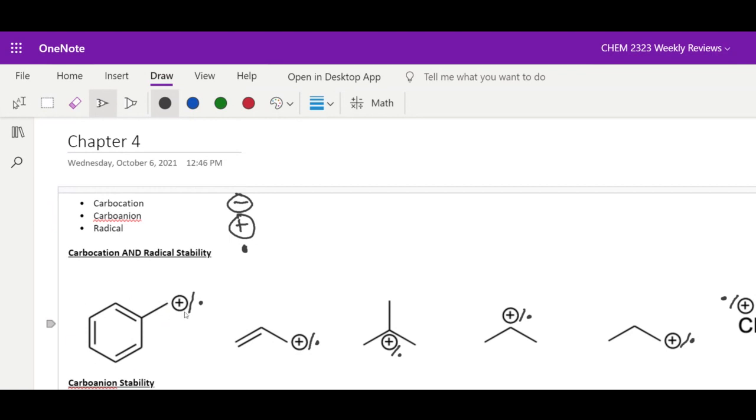But in this case, we're going to solely look at carbocation and radical. Okay, so this charge is able to resonate with 3 different double bonds, giving 3 resonance structures, right? So that it is very stable. As opposed to this, there's only 1 resonance form.